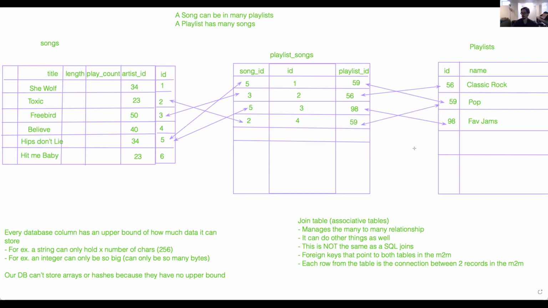So now we have demonstrated the other side of our many to many. We can now see that the pop playlist has multiple songs coming to it through this playlist songs join table. So if I follow this arrow all the way through, it goes from 59, 59, 5, and 5. So I've got Hips Don't Lie, and then same thing over here, 59 to 59, 2 to 2 is Toxic. So we've got Toxic and Hips Don't Lie in that playlist.